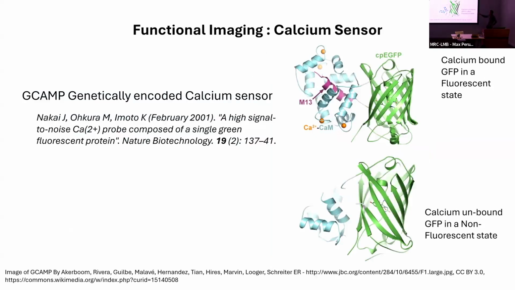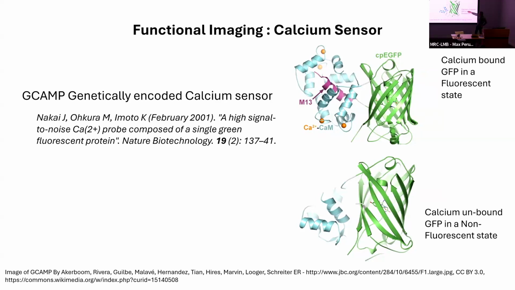And this sensor is just an example of one of the many, many different flavors of these things that you can use, called GCaMP, genetically encoded calcium sensor. And it has a lot of the properties of all sensors, which is that it's got this calmodulin protein thing stuck on the side of a GFP beta barrel that exerts some force on that.